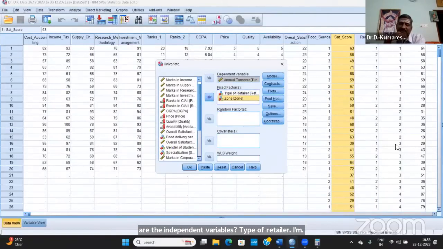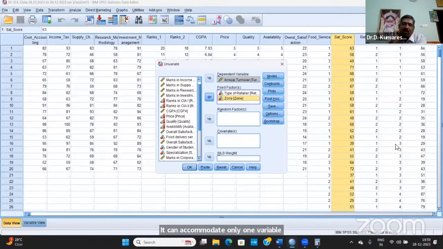Now, one thing is implied or can be understood from this window. Look at the box size of the dependent variable. It can accommodate only one variable.